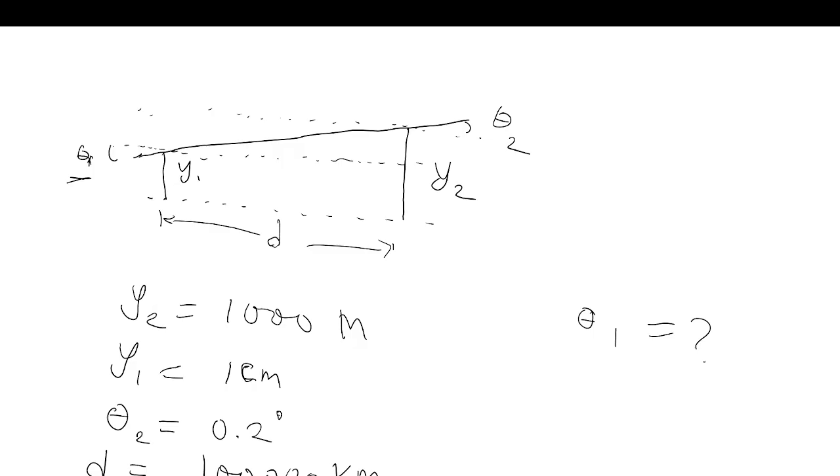Is this right? Okay, I'll give you another problem which you need to solve. This question is quite standard. You have a numerical aperture of 0.22, and you have theta 1, core refractive index is 1.5.